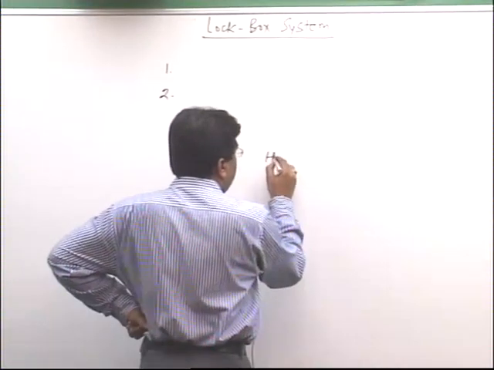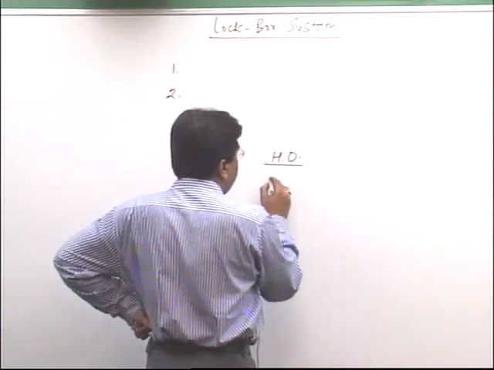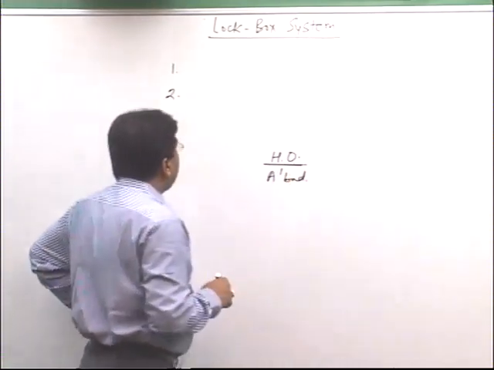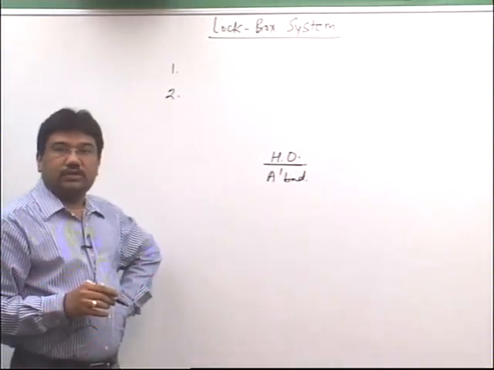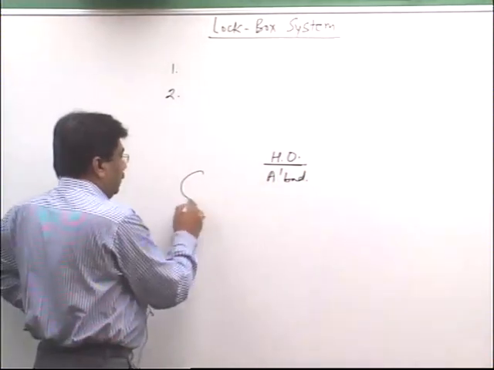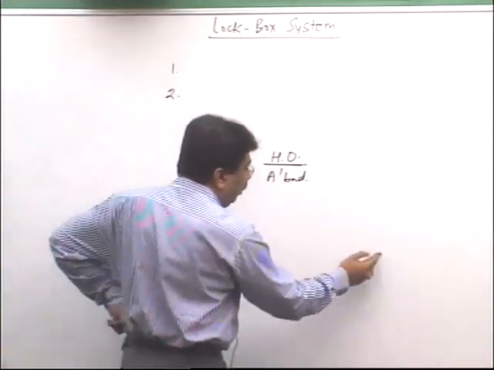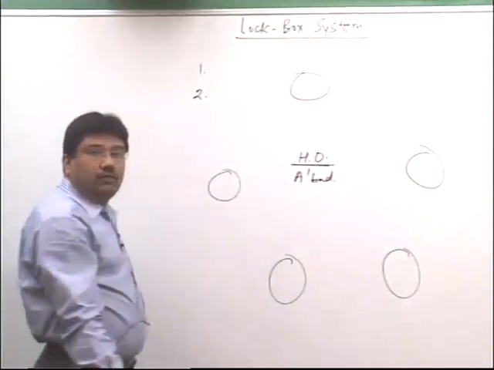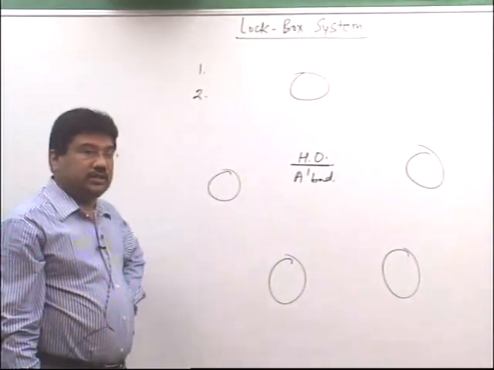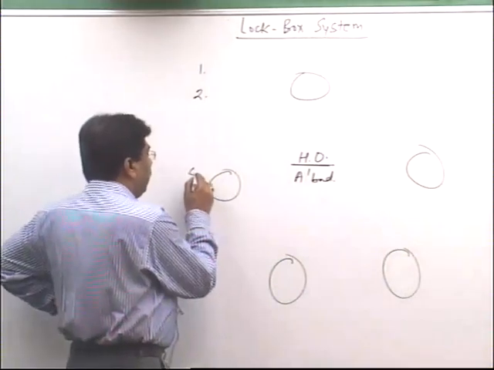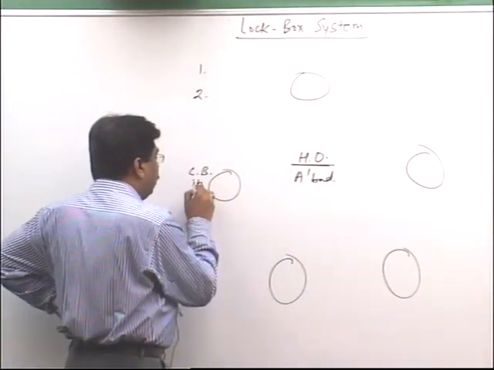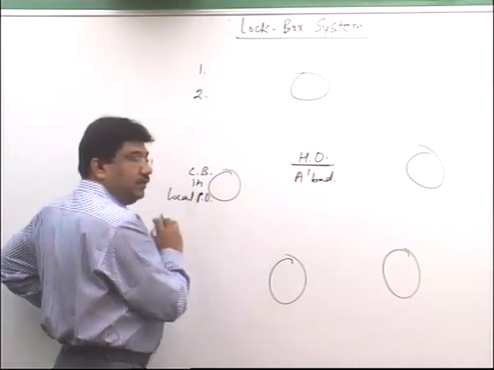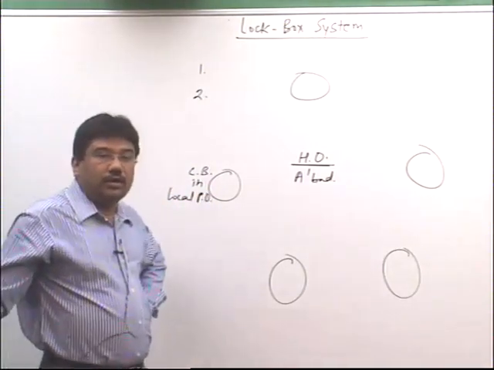Continue the old example. Suppose the HO of the company is situated at Ahmedabad. Now to implement this logbox system, first of all, the company has to hire logboxes in the local post office. Instead of opening its own collection center, now the company will hire logbox in the local post office. In post offices, logboxes are available on rent.